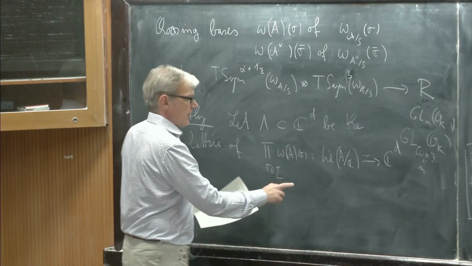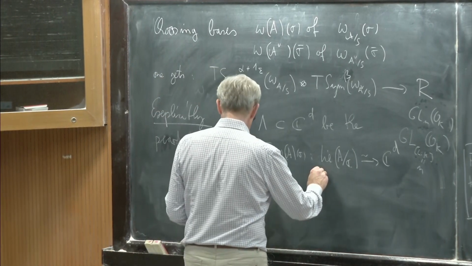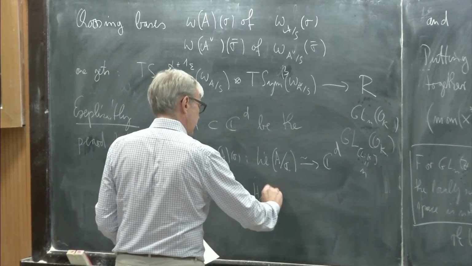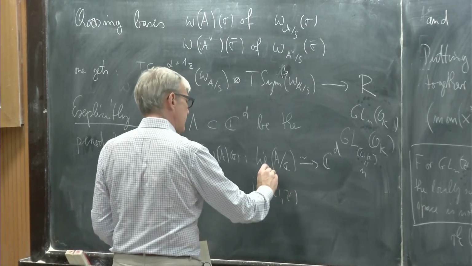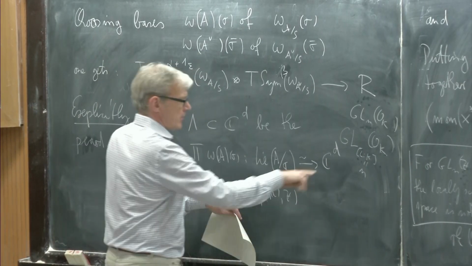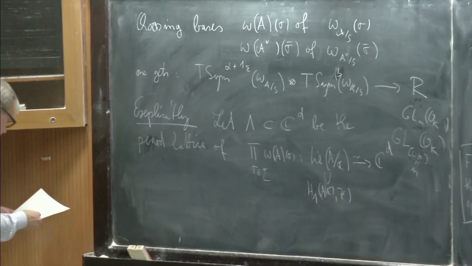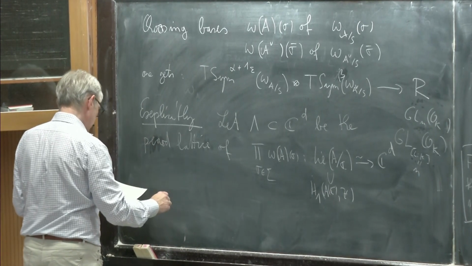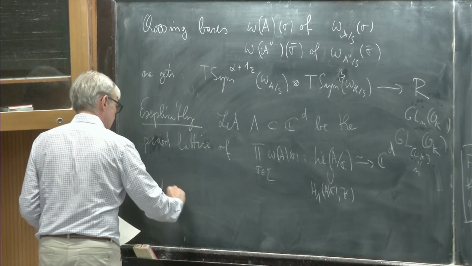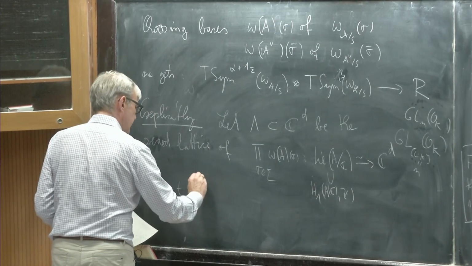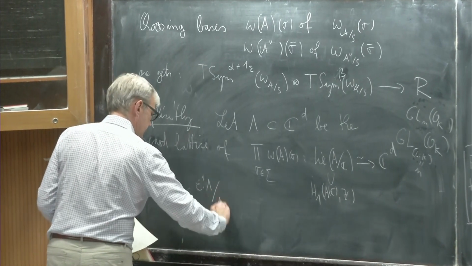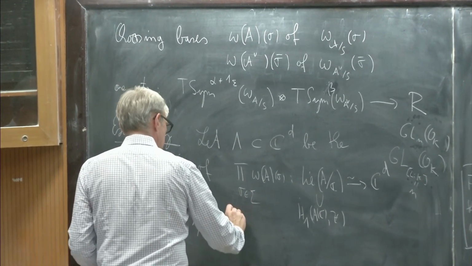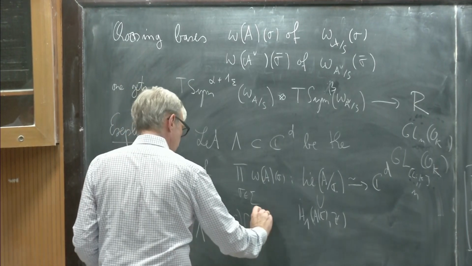And now I have the lattice H1, the first homology of AC with integral coefficients, sitting in here, and the image of this will be the period lattice. We take some C-torsion section in the period lattice, so an element in here that is C-torsion.